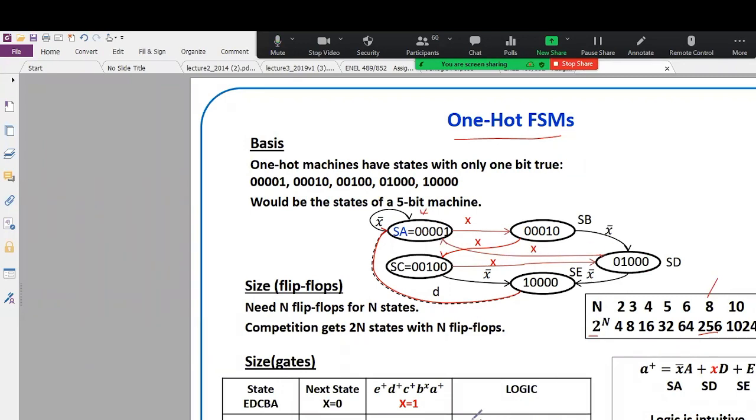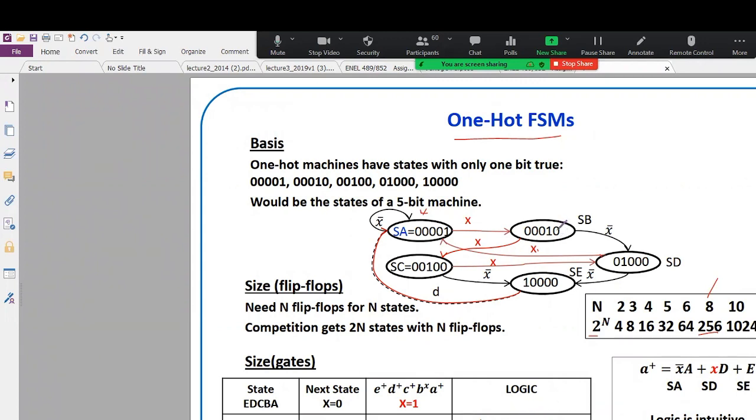A plus, that's the next state, will be not X and A, so that's this one, or X and D, where X is true and the D, or E comes automatically. You can just write this logic out. It's just a sum of products, and this turns out to be fast.